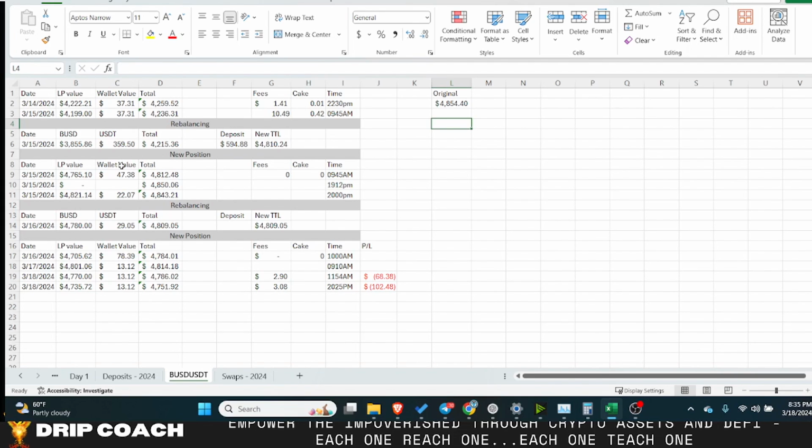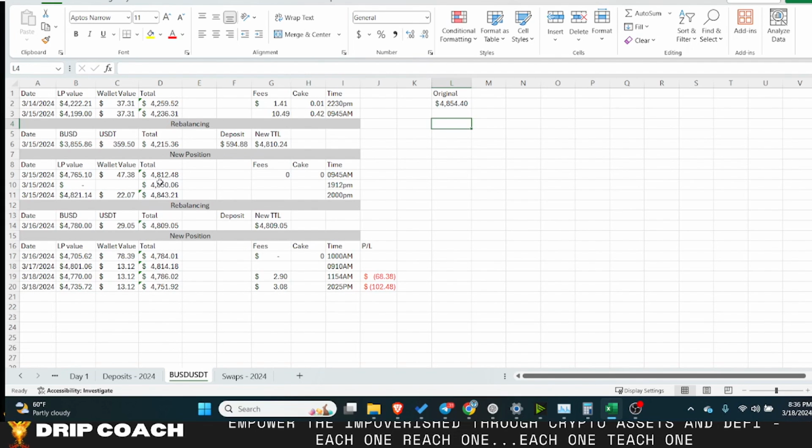All of my USDT got liquidated, for lack of a better word, into BUSD. So now I had $4,765 of BUSD, and I had to split that and buy USDT to rebalance the position. But remember, it costs $1.01. So I'm technically losing money because I'm taking what I had in a lower value and buying a higher value currency to rebalance the position, to get back in and start getting trading fees.